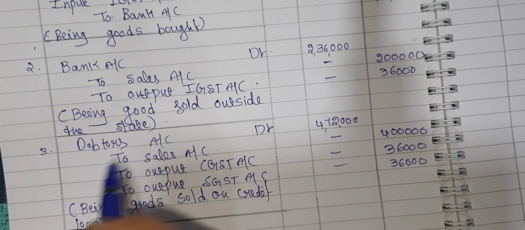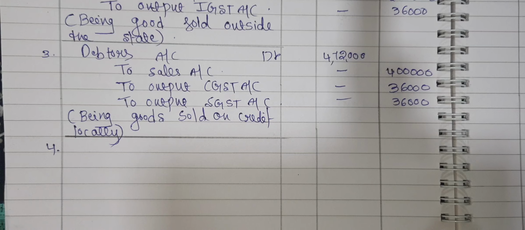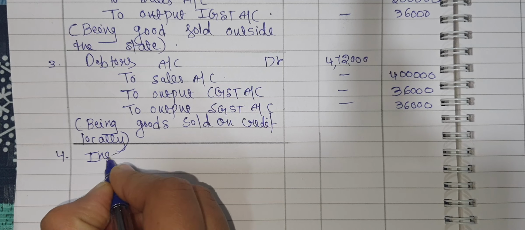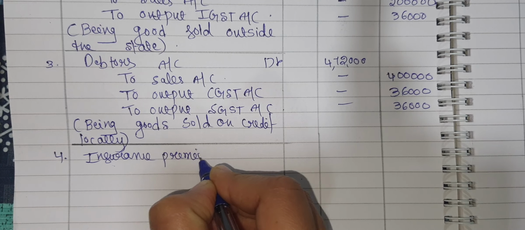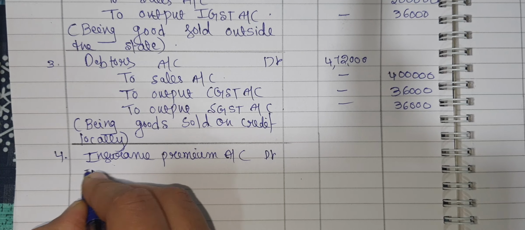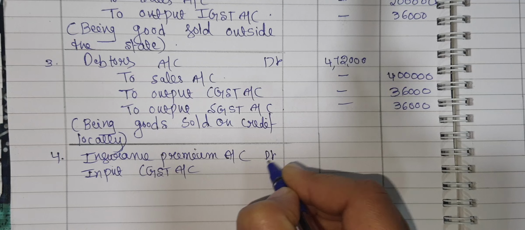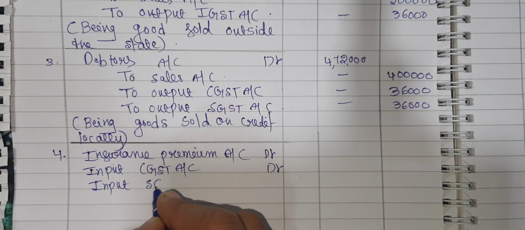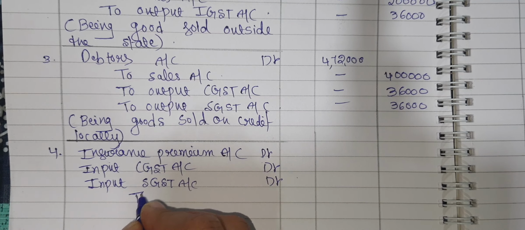So the entry for expenses, the insurance premium, that is the fourth one: insurance premium account debit, input CGST account debit, input SGST account debit, to bank account.